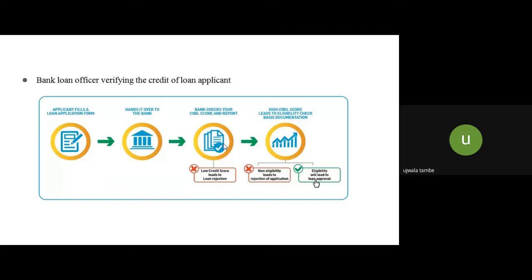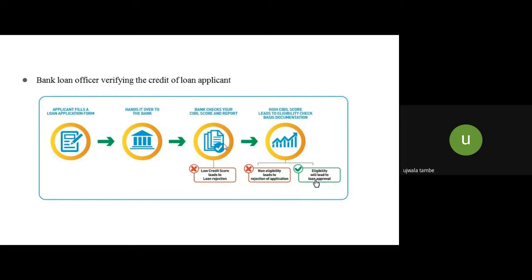So as we know, the process of the bank loan officer verifies the credit of the loan applicant. So whenever any person who has a credit card and supposes he wants to apply for the loan, then what is the process of sanctioning the loan and how does DSS work over here?